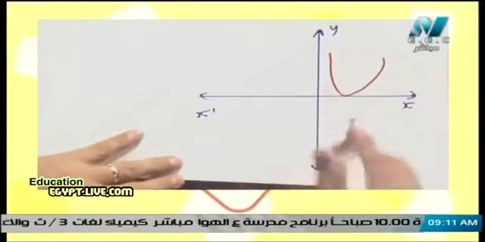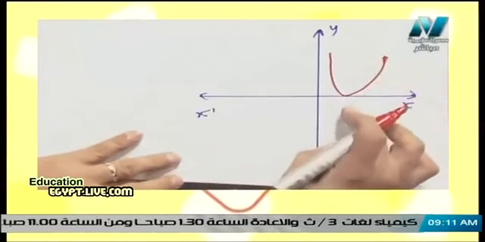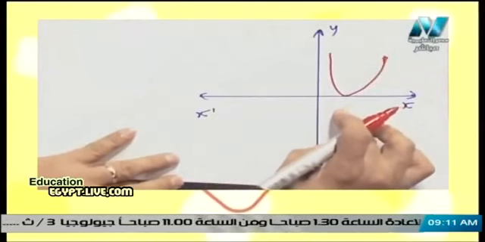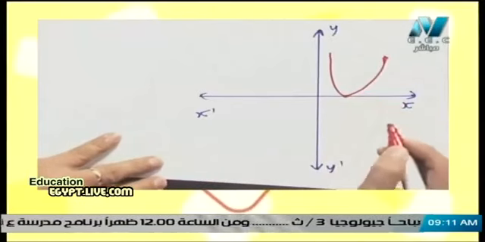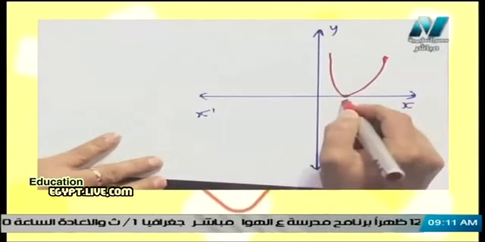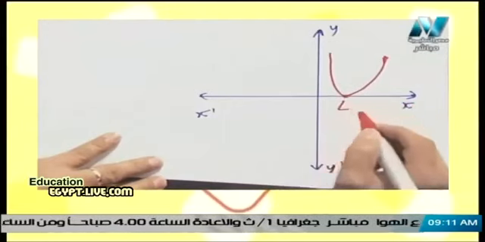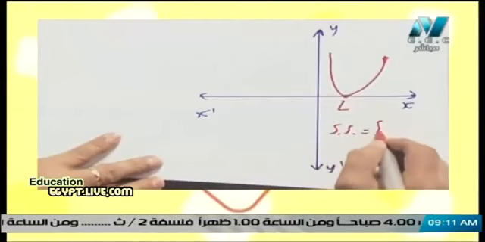It's a parabola. This is the figure of a quadratic equation, and here it intersects the x-axis at just one point, say this number is L. So the solution set here will be L.